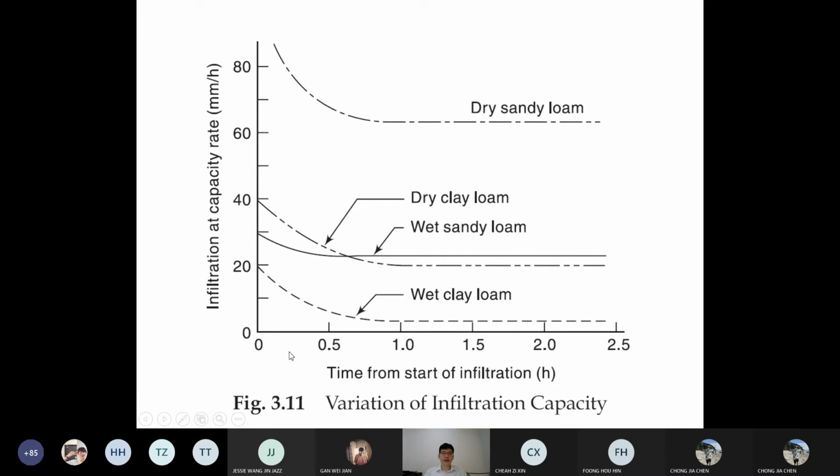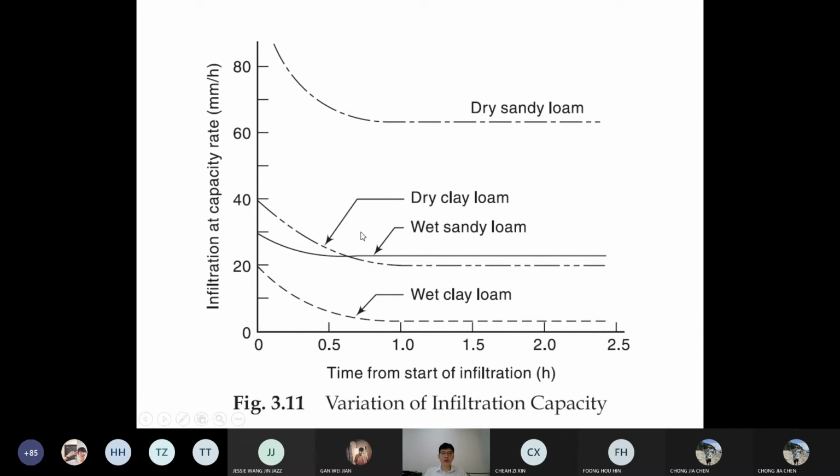At the beginning of the rain, you can see it changes with time. The soil has not yet gotten wet, so it can take a lot of soil water. It is able to absorb a lot. The infiltration rate is very high. When it gets longer, all the soil is wet already, and it is only able to take less water.